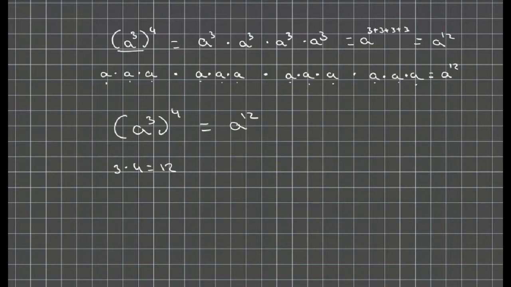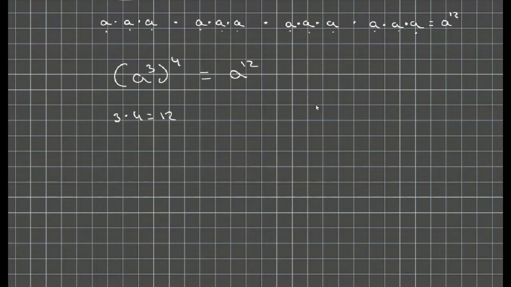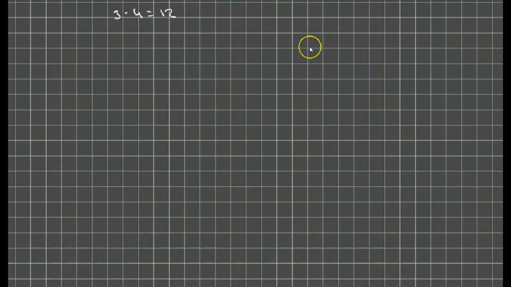And this is actually kind of logical, because if you look at this example again, we see that we add 3 four times. So this means that if you have a power raised to a power, you multiply the exponents. Okay, let's do an example.